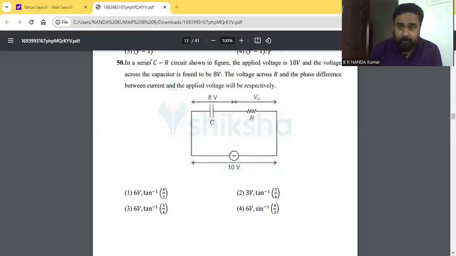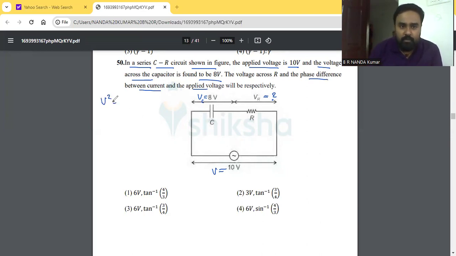Last question, number 50. In a series CR circuit shown in the figure, the applied voltage is 10 volt and the voltage across the capacitor is found to be 8 volt. We have to find out the voltage across the resistor VR and the phase difference between current and voltage. So this is very simple.